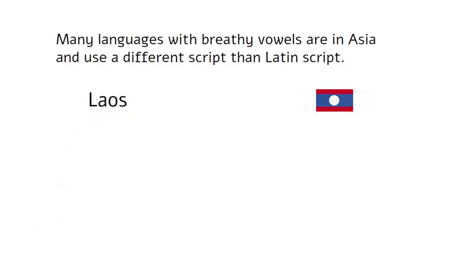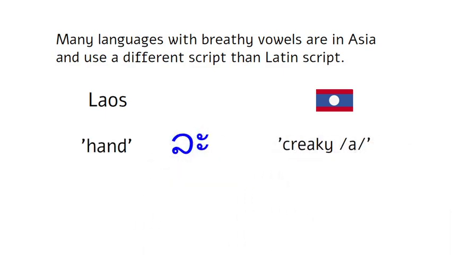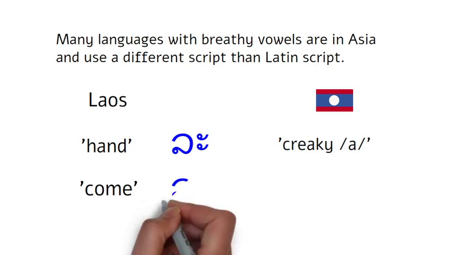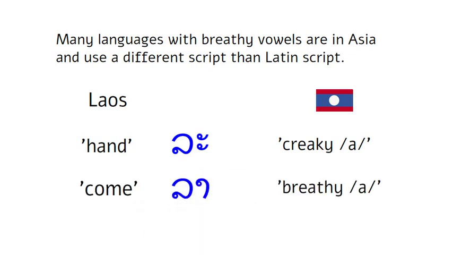In one language of Laos, which uses a non-Roman script, two words look like this. La, hand with creaky voice, and la, come with breathy voice. They only differ by one symbol, but these symbols combine both the vowel and its quality.